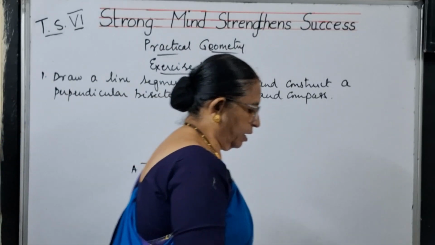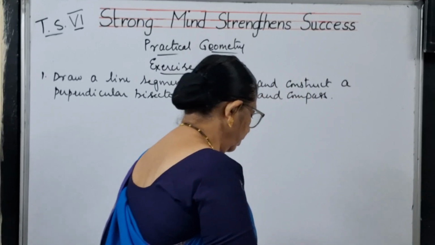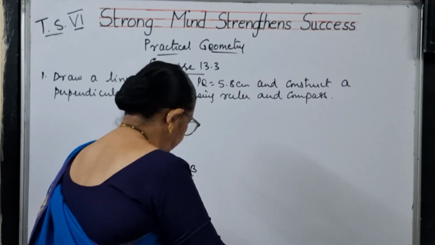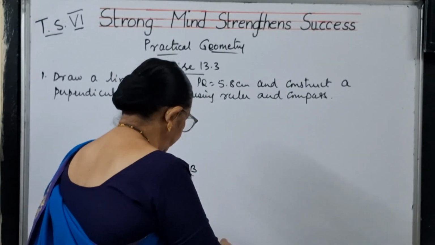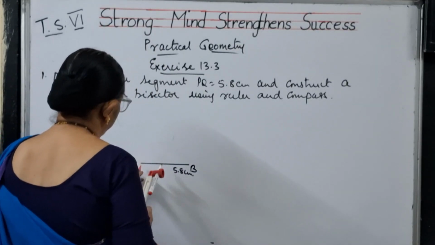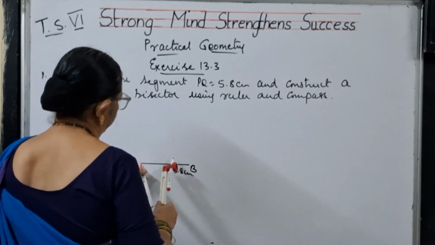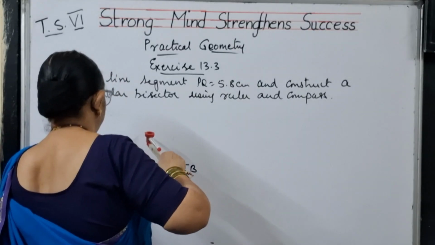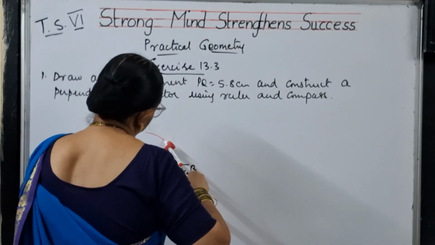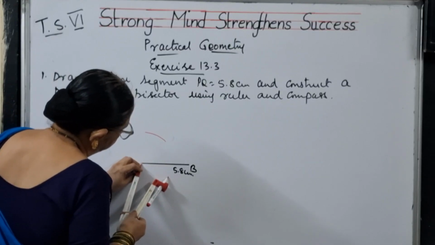Now for this, I should draw a perpendicular bisector. So when I am drawing the perpendicular bisector, what I need to do is take more than half of AB as radius. More than half. I just pull it like this as radius. I should draw an arc here and an arc this side.